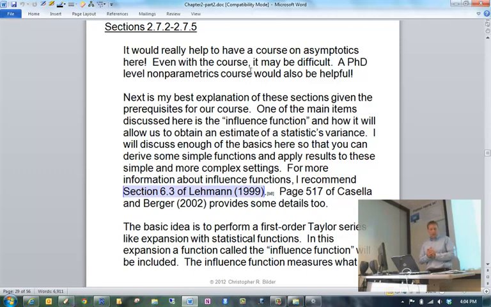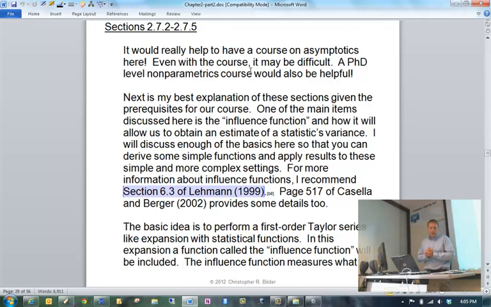So for example, in your very first stat course, you learned that the median is a more robust measure of centrality than the mean, because the median is less affected by outliers. Essentially, the influence function measures this amount of robustness with an actual mathematical function. That's all.